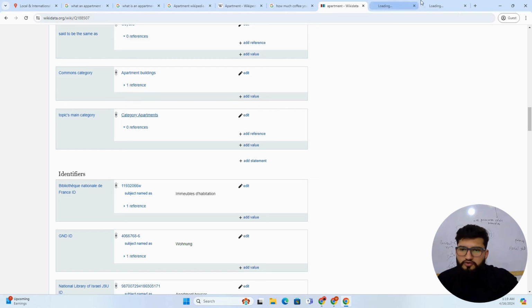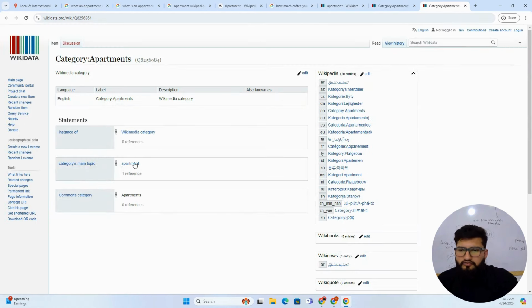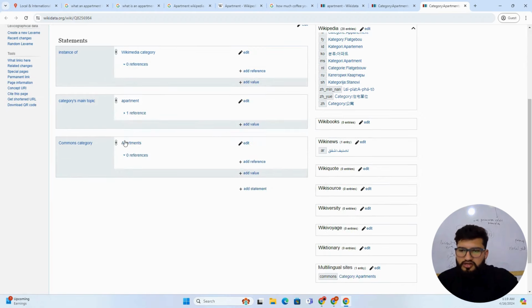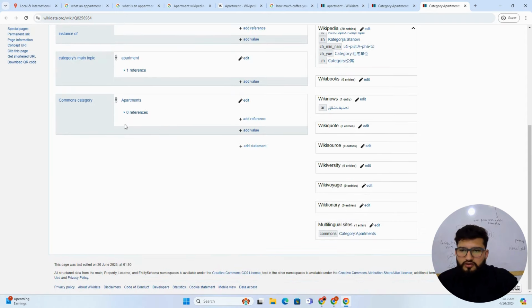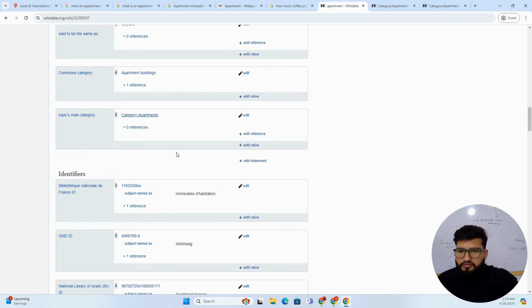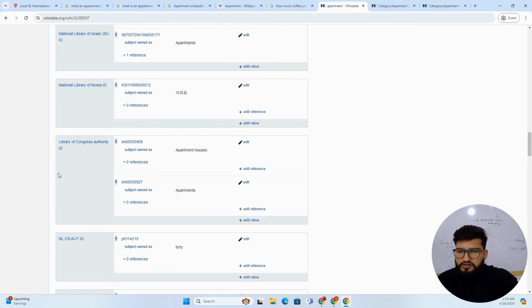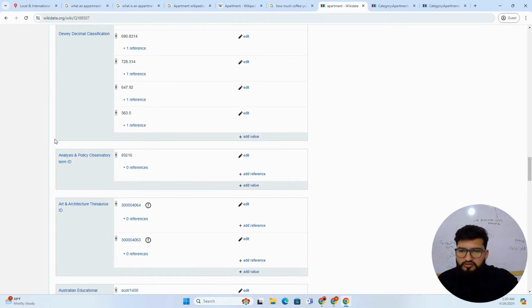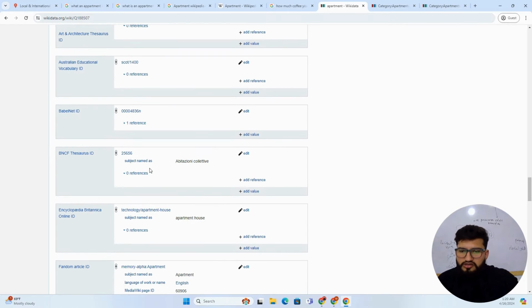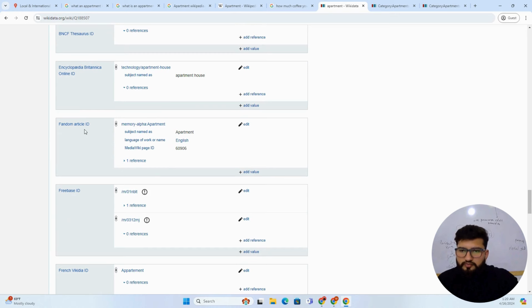Okay, if you open this page and see what's here, maybe you can get some subcategories of apartment. No. Okay, let me get back to the page. Apartment houses. As you can see, there's a complete database about apartments.